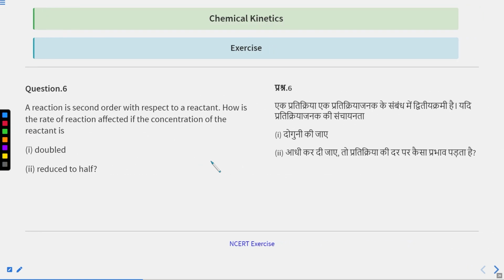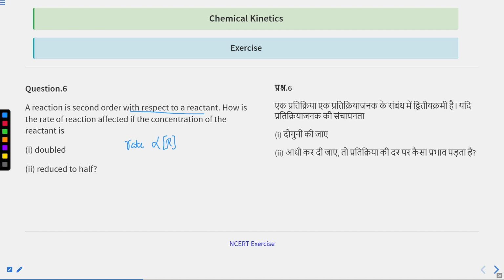Next is a reaction that is second order with respect to a reactant. Now, how is the rate of reaction affected if the concentration of the reactant is doubled? We are saying that the rate is second order with respect to a reactant.